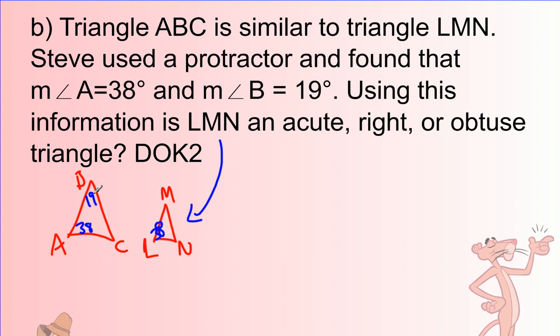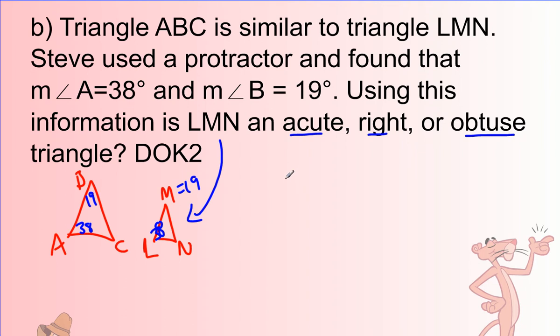If angle B is 19 and corresponds to angle M, then M is also 19. All right. But in order to figure out if this is an acute, right, or obtuse triangle, we need to know all of the angles. So this angle N is my missing piece. That's the thing I have to figure out right now.